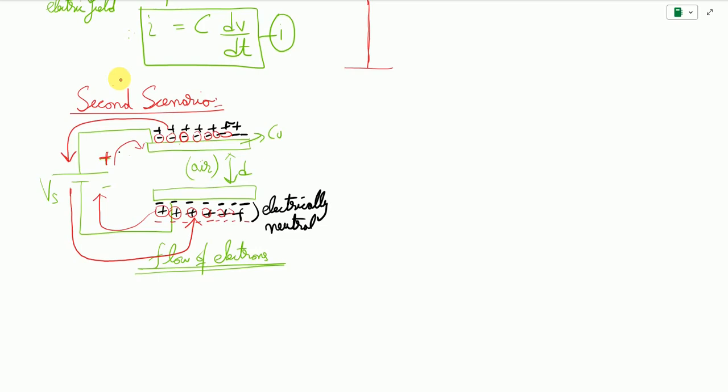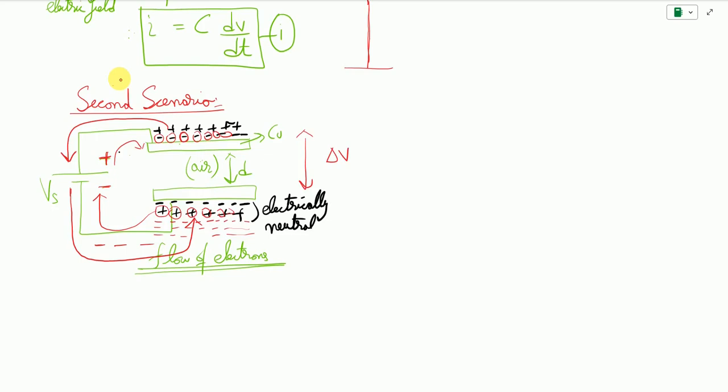As soon as they pass through, they get a push from the negative side, and thus they get accumulated on the bottom plate of the conductor. This process continues until we build a potential difference of delta V between the top and the bottom conducting plate.